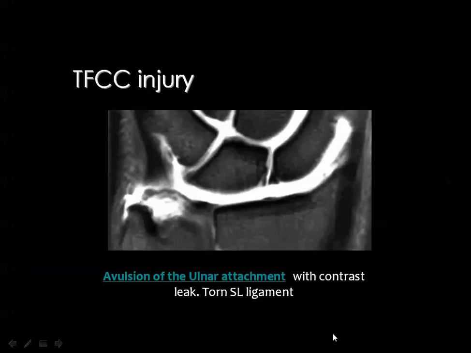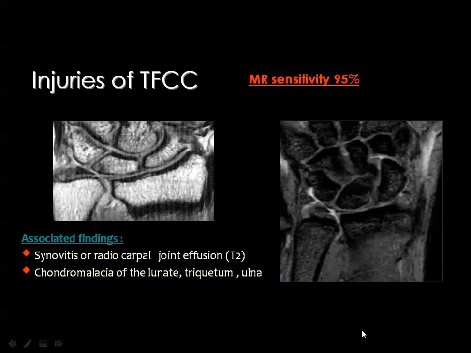Also in this image you can see there is tear of the scapholunate ligament. This is also an example of a triangular fibrocartilage injury at this particular site, which is seen in the T2 weighted images and in the gradient images as well. You see the site of the tear.